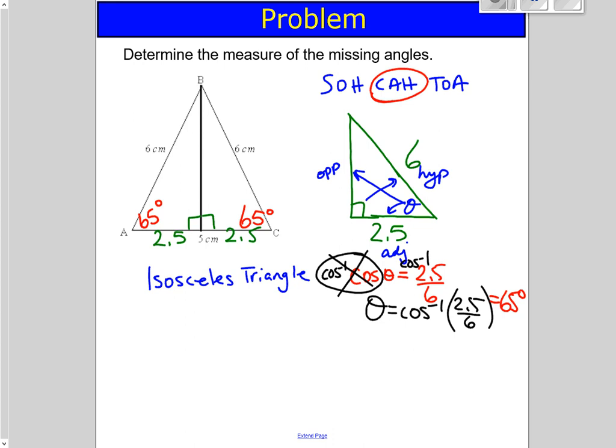And then to figure out what that other angle B is, I can take 180 and subtract 65, and I think that leaves me with 50 degrees. And so angle B up here would be 50. So by doing just one primary trig ratio and finding an angle allowed me actually to find all three angles inside of that triangle.